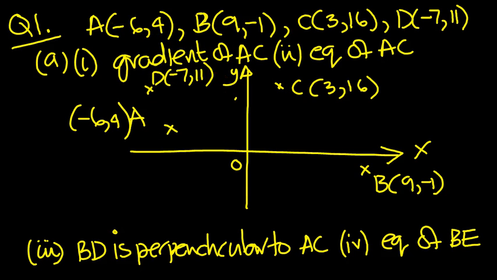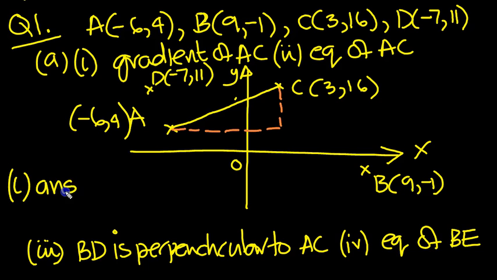So let's just sketch it in. So let's draw the line from here to here. Let's mark off underneath the slope. So there's the increase in X. It's a positive slope. There's the increase in Y. So gradient AC. So let's do number 1.